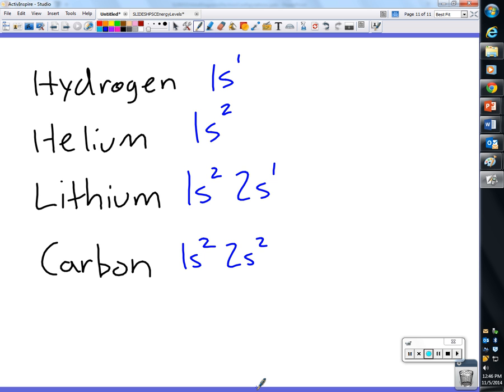Now, here's where electron configuration is shorthand. We talked about it in an orbital diagram. How many 2p orbitals are there? Three. And we write all of them. But in the electron configuration, we don't write all of them. We just write 2p. And then, how many electrons are in the 2p sublevel?